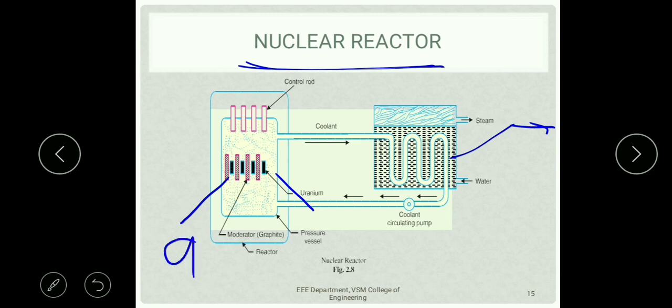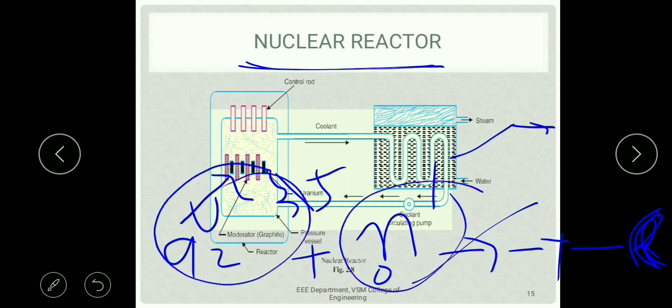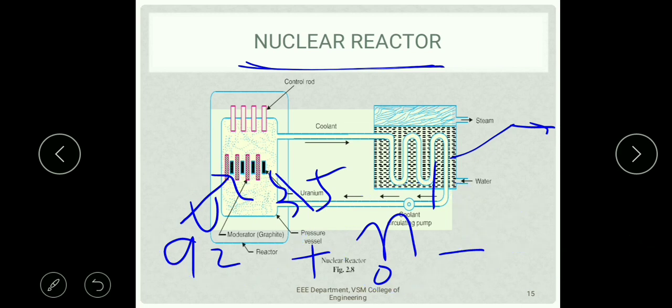When uranium 235 is bombarded with a neutron, what happens? It splits into two heavy nuclei of roughly equal size, releases neutrons, and also releases some heat energy during this process.